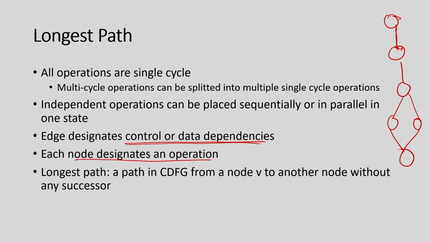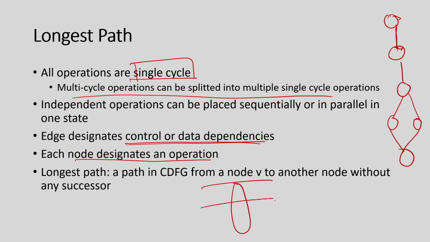Now, we assume here all operations are single cycle, but again you can break a multi-cycle operation into multiple single cycle operations. For example, if there is a multiplier which is a 3 cycle operation, in my graph I can represent this multiplier like this. This is my multiplier, and I can say this is nothing but 3 small operations in a chain.